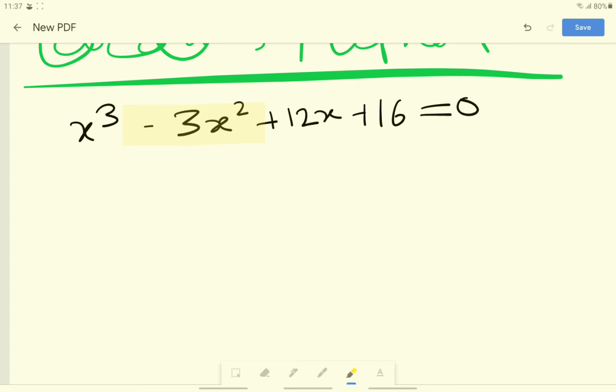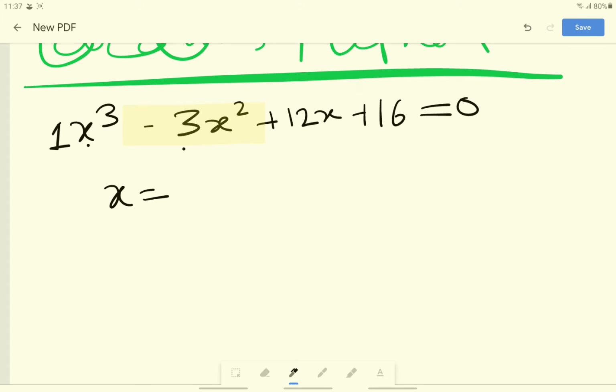For this we have to remove the square term, and to remove the square term we put x equals minus b upon 3a. This is the b term, and the a coefficient is 1.